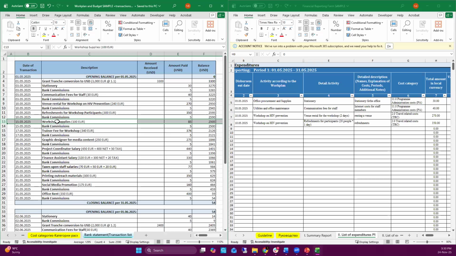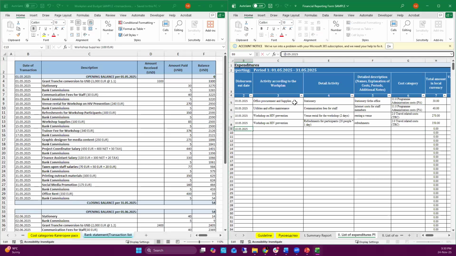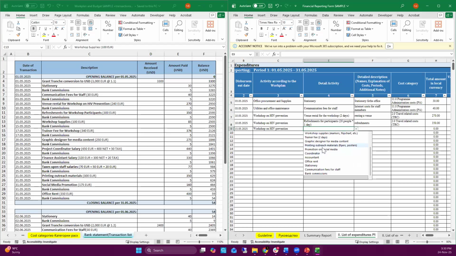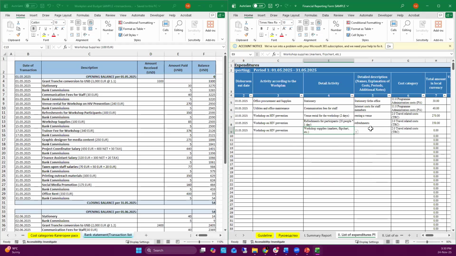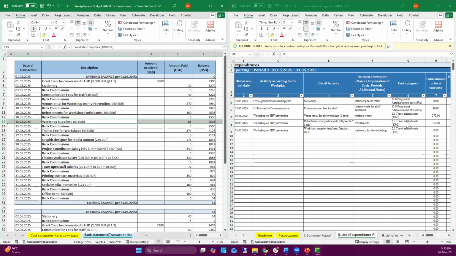Then we had workshop supplies on the 15th of May in the scope of the same activity. Okay, let's find it, workshop supplies. Okay, here, stationery for the workshop, for which we paid 85 USD.